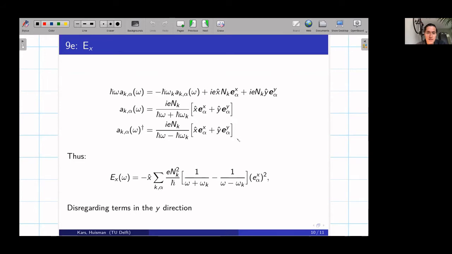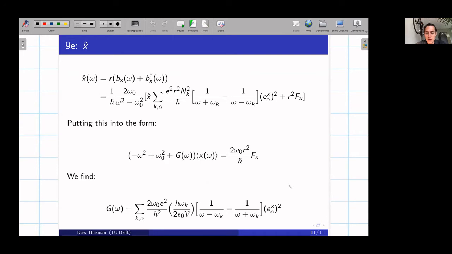So I skip this part, which is proportional to y hat, because in the end it will not contribute. When I plug it back into E_x(omega), I only take the x part. If you plug these creation and annihilation operators back into E_x, you find this relation here for E_x.